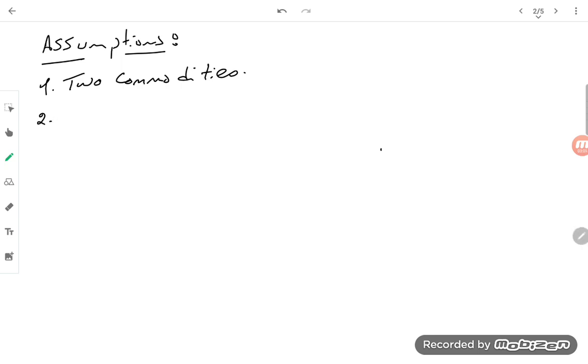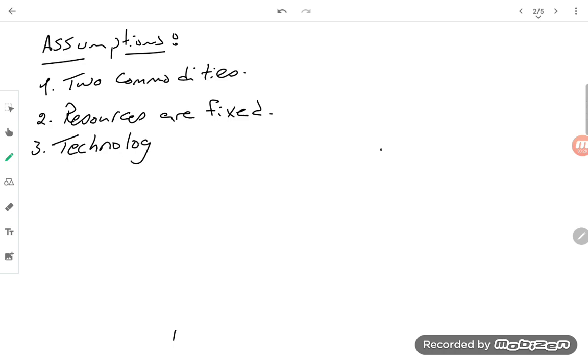Number two, resources are fixed, which means that you have a fixed amount of resources. If there is any change in this amount of resources, you can produce more or less. Number three, technology is fixed. Technology used in the production is fixed.